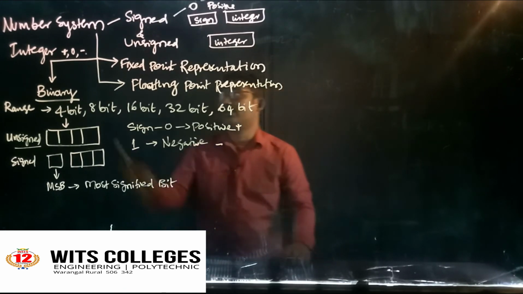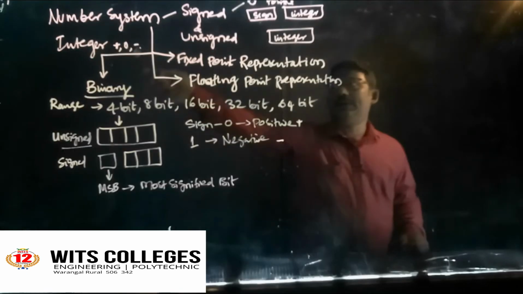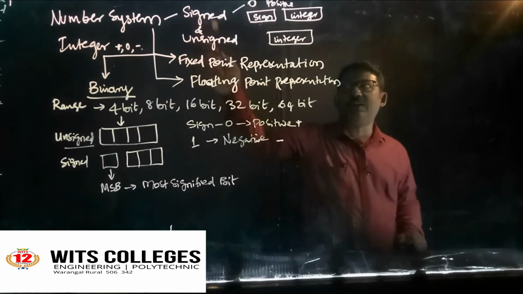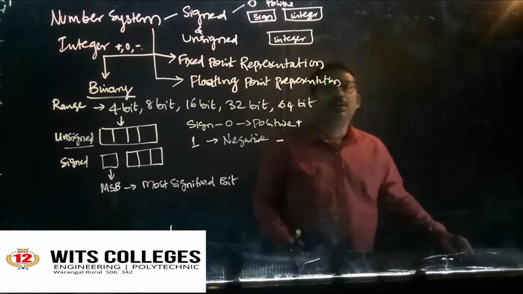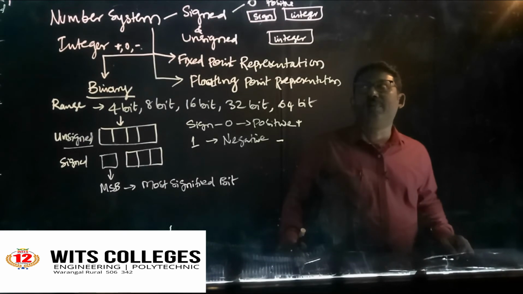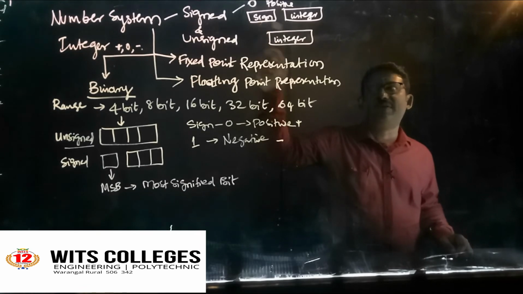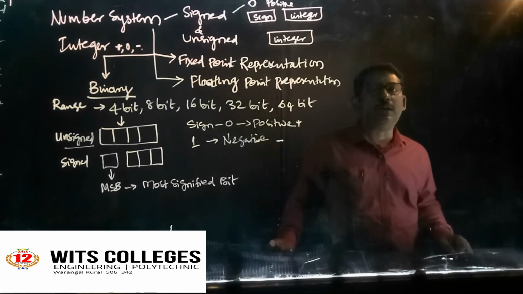Once again, I will go over this. The number system is signed and unsigned. For a positive number the sign will be 0, and generally for positive numbers we do not give any sign.